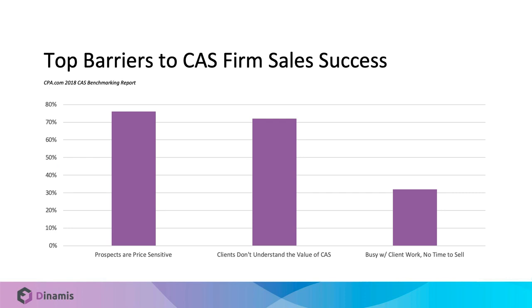So that, the third one, and this one, no time to sell, I think points to a bigger issue. There are many firms that believe that only partners and senior staff can sell.